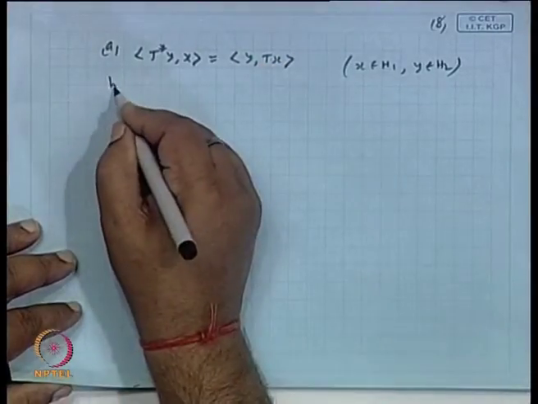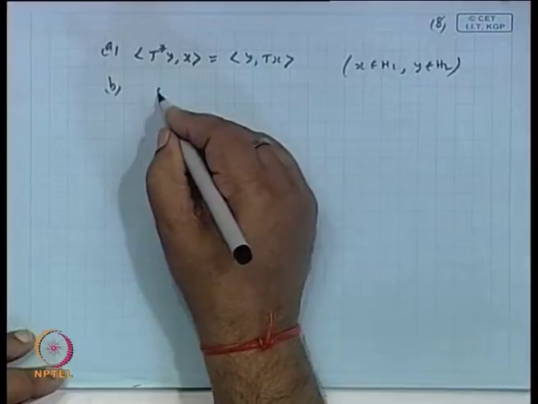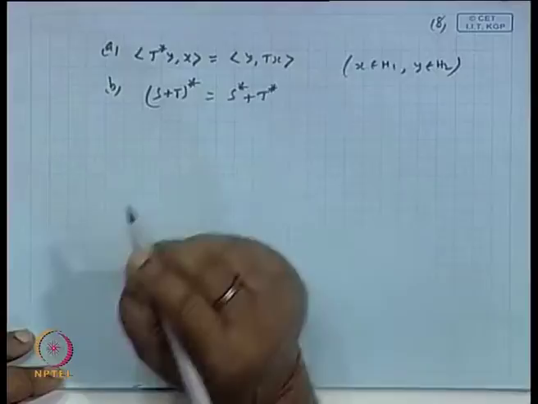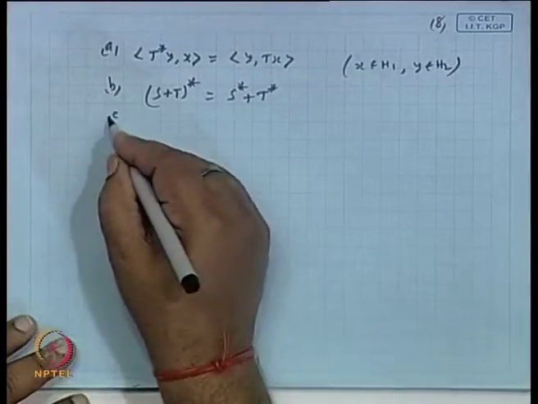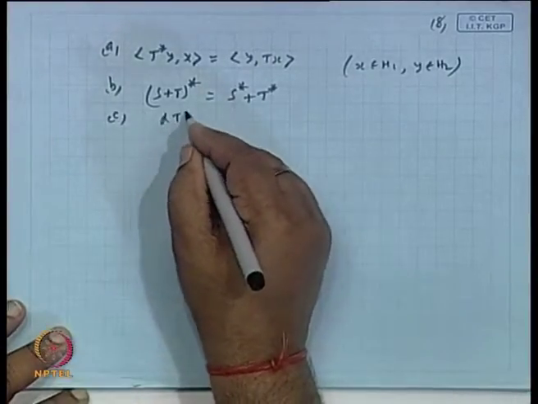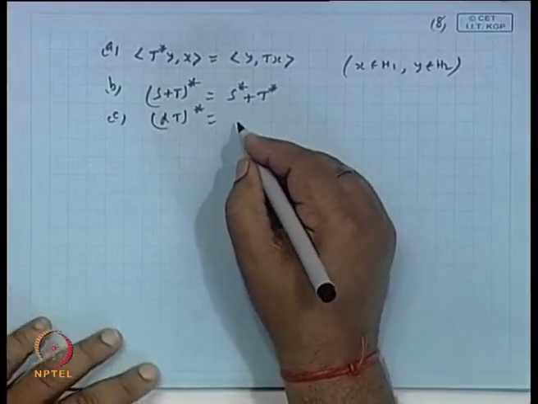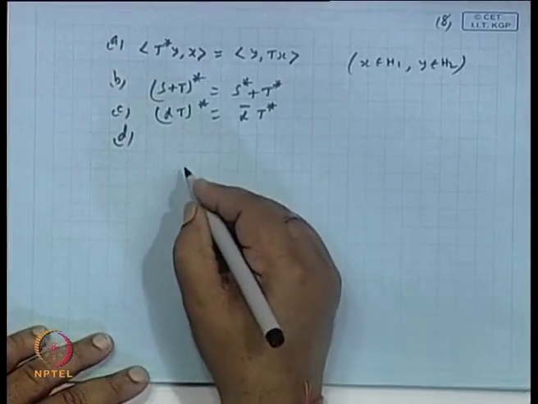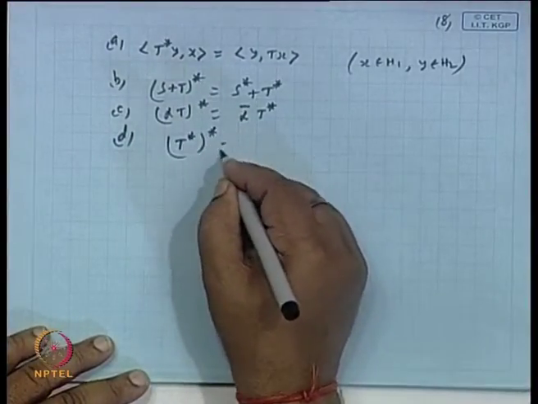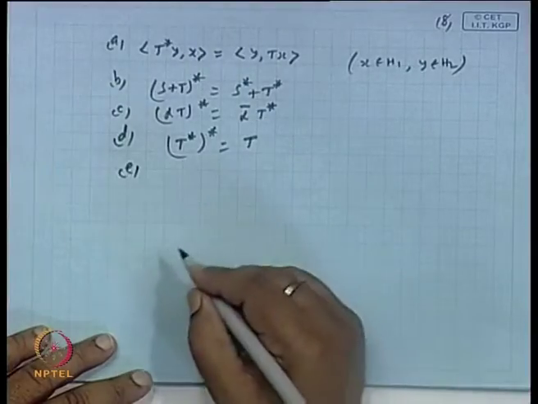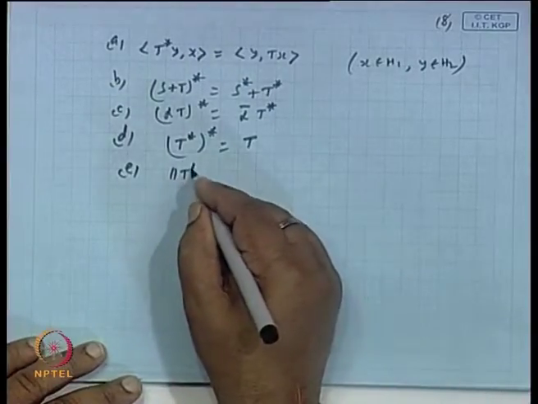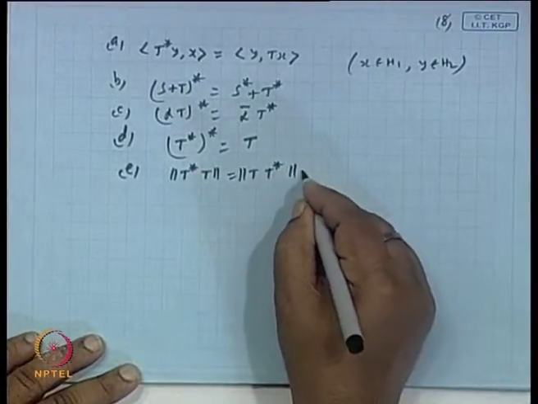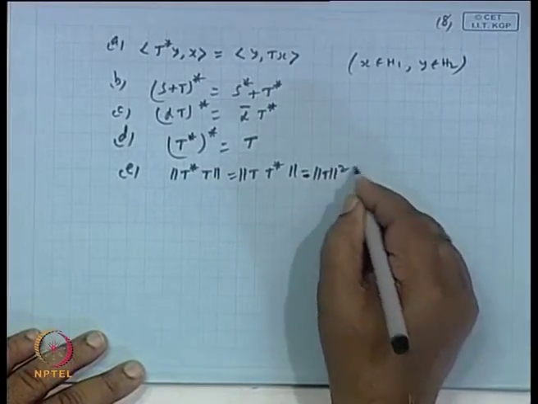Okay. Second is (S+T)* is S* plus T*, both are bounded. Then third, (αT)* is the conjugate of alpha times T*. Fourth, (T*)* is T. Fifth, the norm of T*T is the same as TT*, which is the same as the norm of T square.